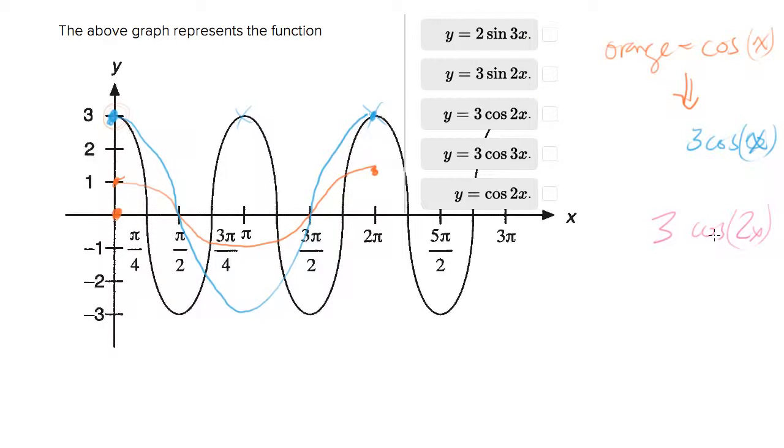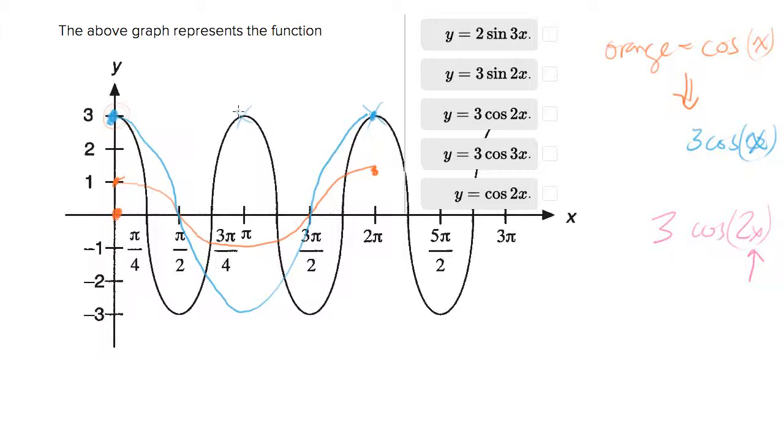Now if this cosine hits its peak at 0 and 2 pi, when will this interior part, just the inside, evaluate to 2 pi? Well, it'll evaluate to 2 pi when x is at pi. So when x is at pi, our function thinks we're at 2 pi.